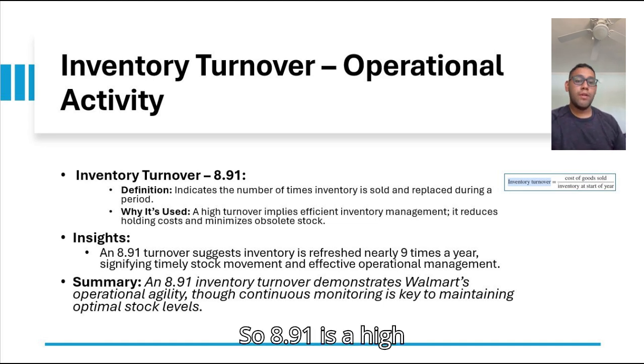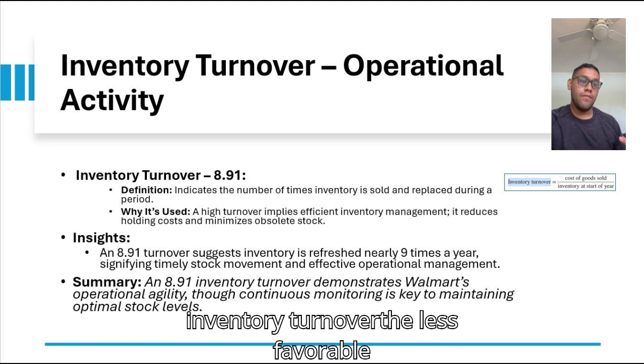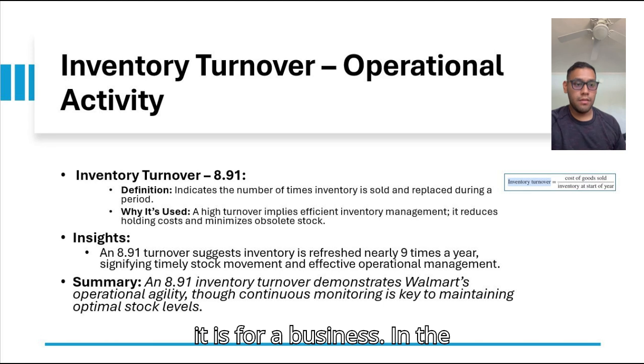So 8.91 is a high inventory turnover, and for the most part, the higher the inventory turnover, the more favorable it is for a business, and the lower the inventory turnover, the less favorable it is for a business.